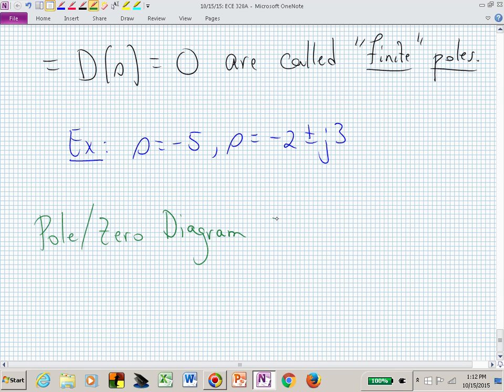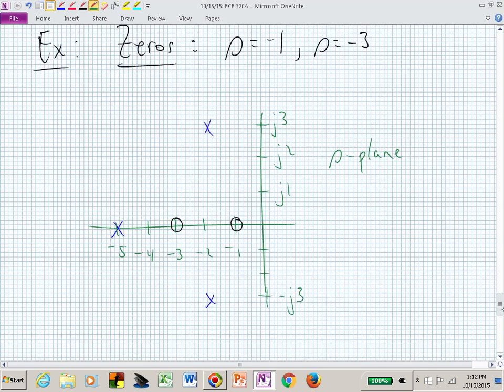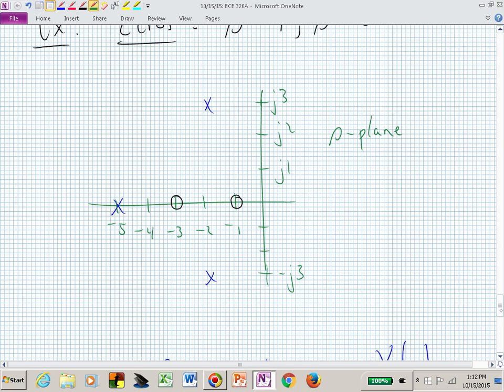If I say, okay, capital V of s has the following pole zero diagram, and I give you that with X's and O's, and then I say, what's the structure of little v of t?